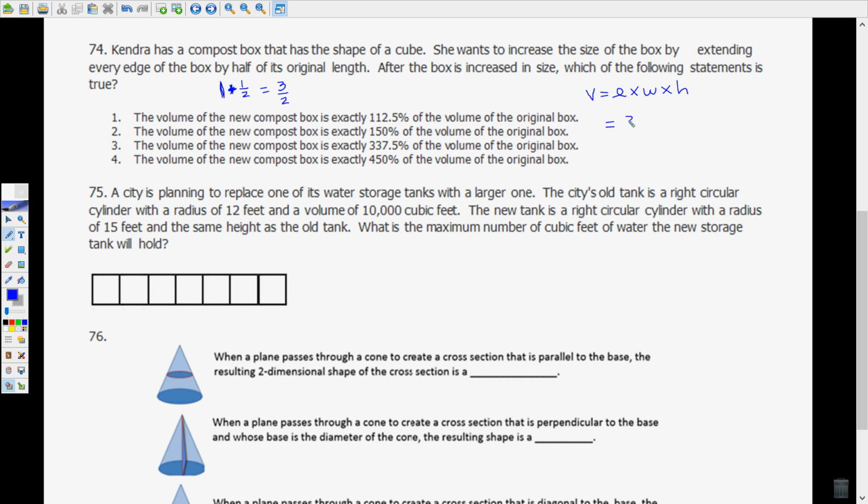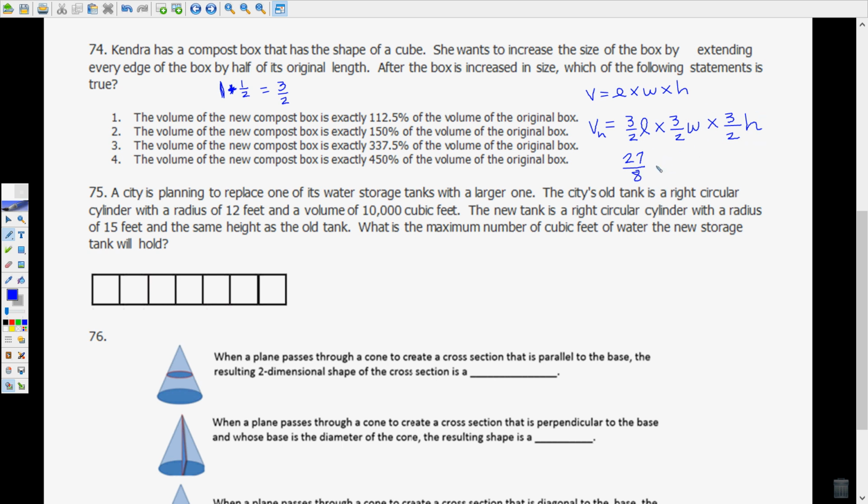So if you take that and you say 3/2 times your length times 3/2 times your width times 3/2 times your height for your new box, we'll say maybe volume of new box, we'll put a little n. What you get is 27 over 8 when you multiply 3/2 times 3/2 times 3/2.